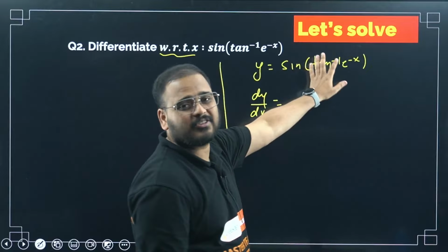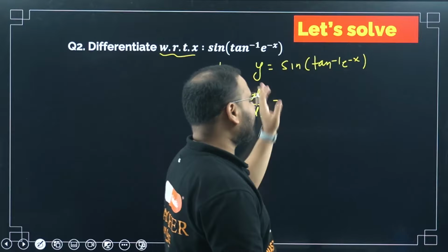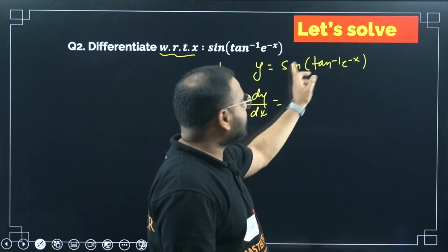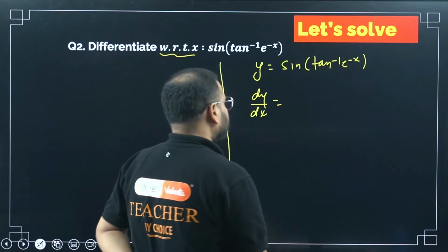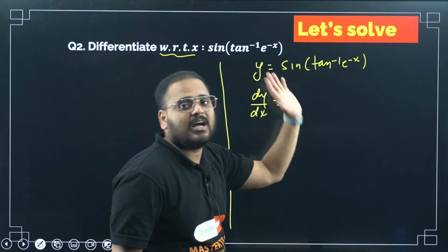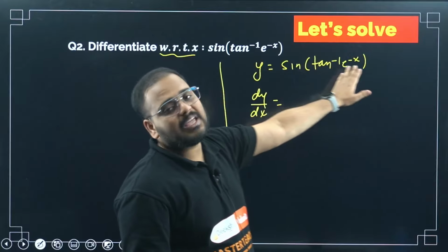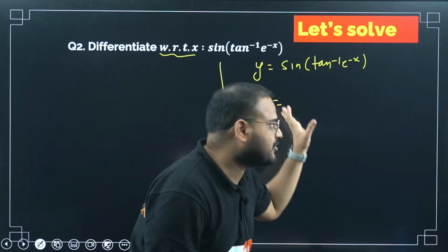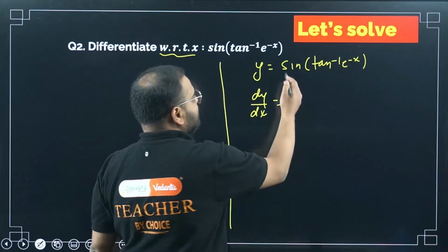No, sir. There are no two different functions. It's a function operating on another function. I don't have f x into g x. So I will use the chain rule. First I will go for the sine function, then I will differentiate the tan inverse function, then I will differentiate the e power minus x. I will differentiate the functions one after another. Please check. For sine, what will I get?